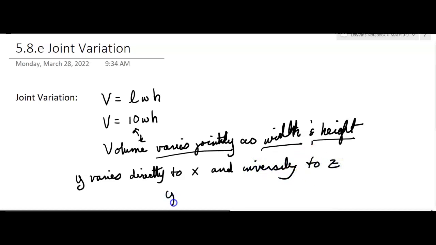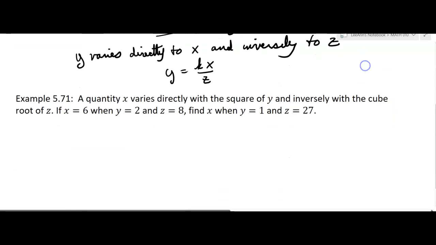Then we could say, well, y equals k. You're always going to have a k. Kx over z. That would be an example of that. So it just means there's more than one variable that it's varying to. You have lots of variables.